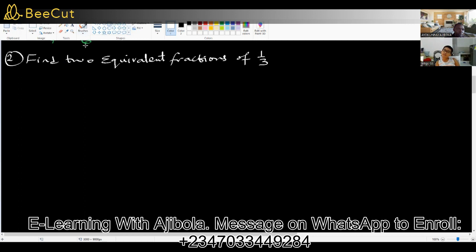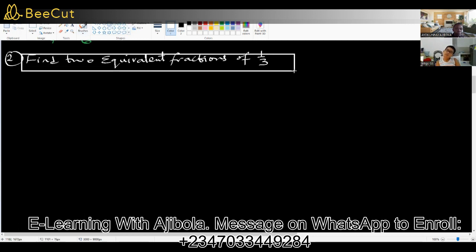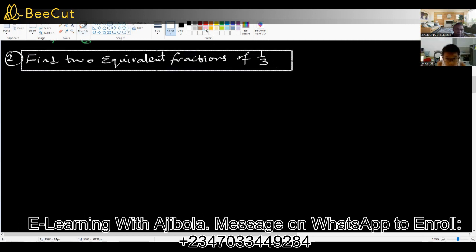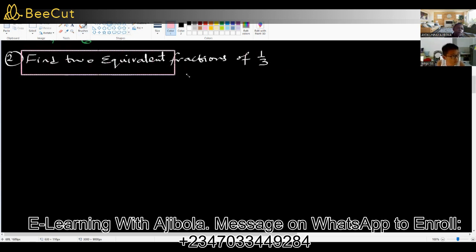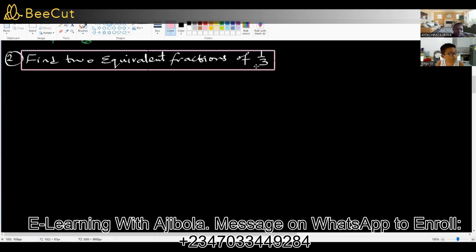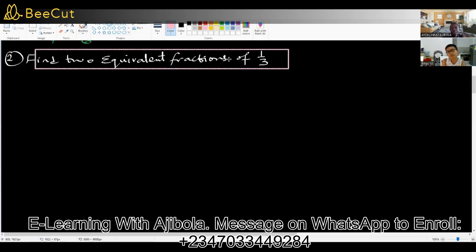Please read this question for me. Find 2 equivalent fractions of 1 over 3. Now, what do you think we are supposed to do? How can we find 2 equivalent fractions? Or how can we find just 1 equivalent fraction of 1 over 3? Do you know how to find it?